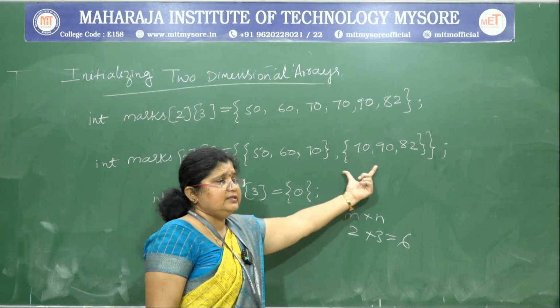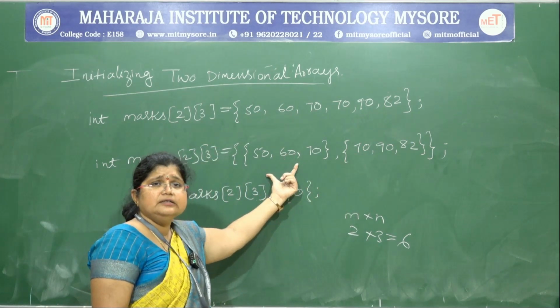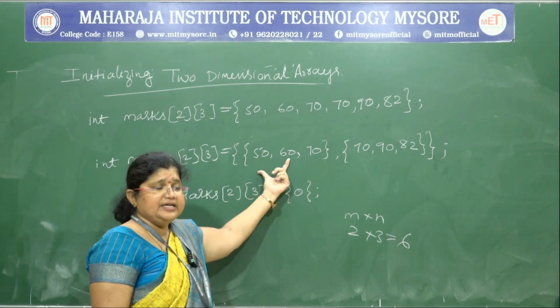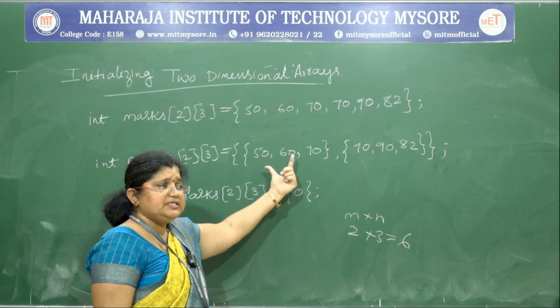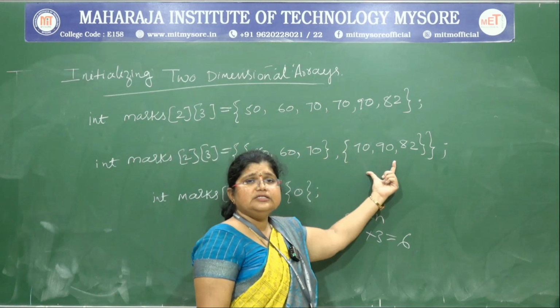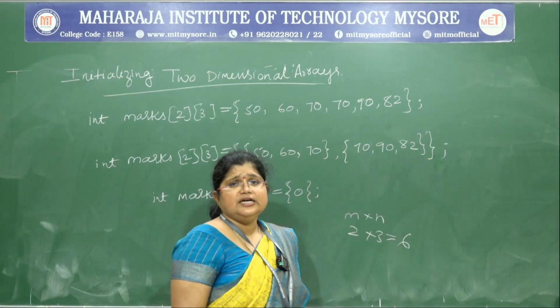There are 2 rows, so we separate the 2 rows' values with a comma and place them inside curly braces. The first row is inside the first curly brace, and the second row is inside the second curly brace, and end with the end statement.